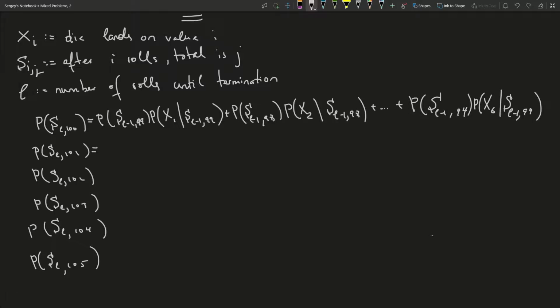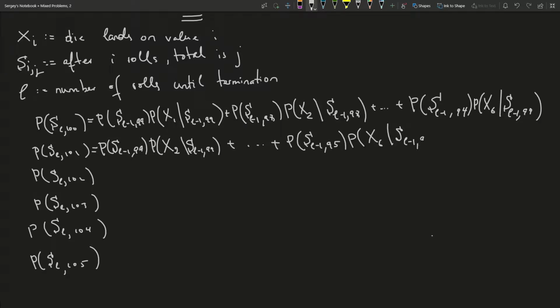Now here we have the probability that the running total after L minus 1 rolls is 99, and the probability that we have a 2 on the last roll, given that the running total up to that point was 99, plus we're going to skip writing all these terms, and the last term will be the probability that the running total after L minus 1 rolls was 95, times the probability that the last roll was a 6, given that the running total up to that point was 95.